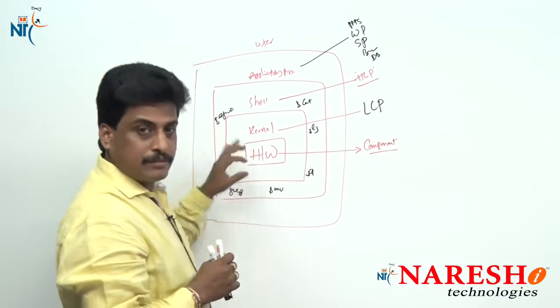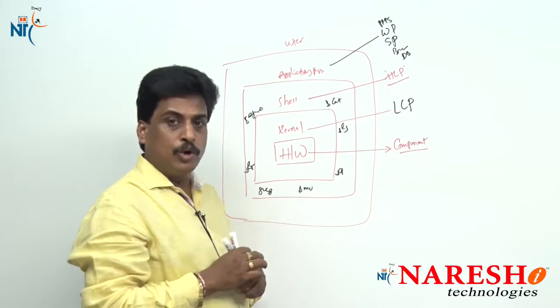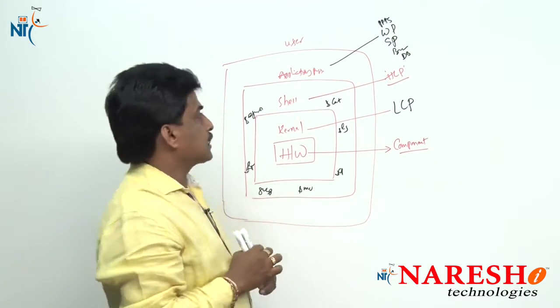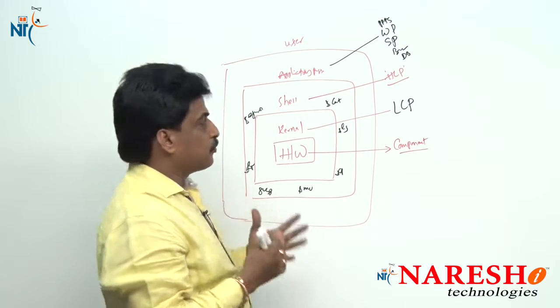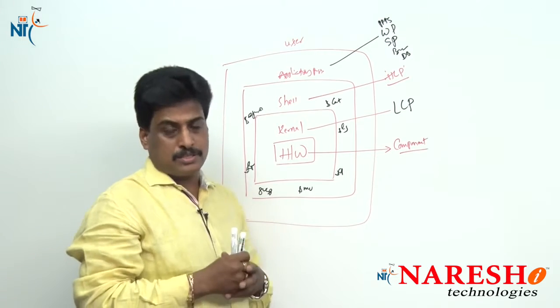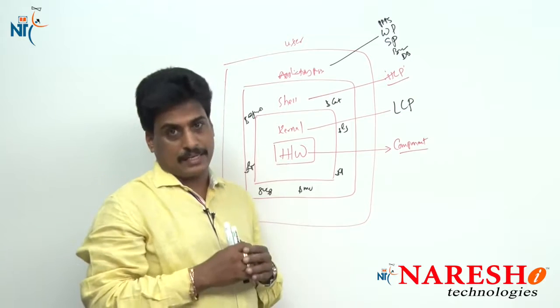First one is hardware, the physical component of the system. Next one is kernel, low level programming. Next one is shell, high level programming. Next one is application programs, PowerPoints, word processors, spreadsheets, browsers, databases, etc. This is about your UNIX architecture.